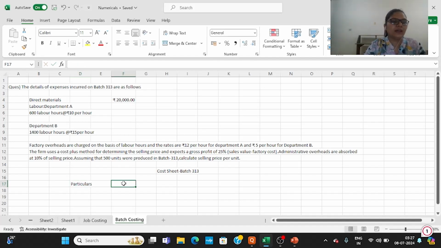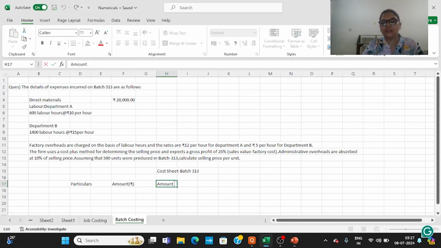And here we have amount in rupees, and in this column also we will write amount in rupees. Let us mention the rupees over here so that there is no confusion.